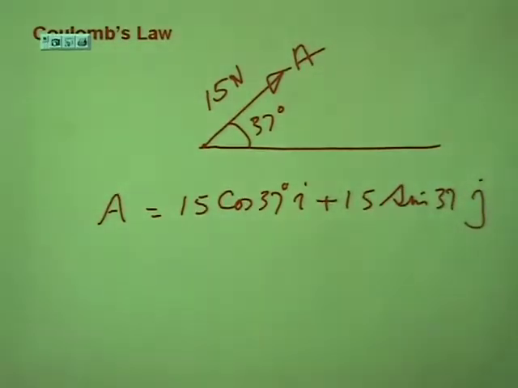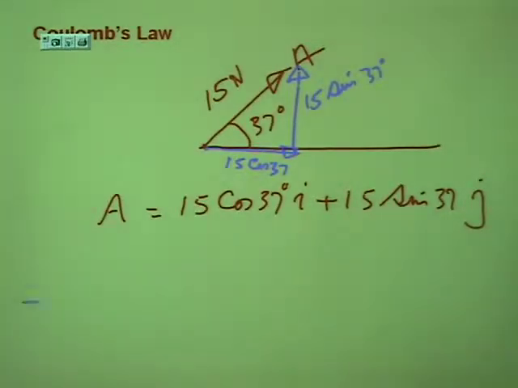In other words, the 15 cos 37 is this component, that is 15 cos 37. And this is the y component, that is 15 sine 37 degrees.